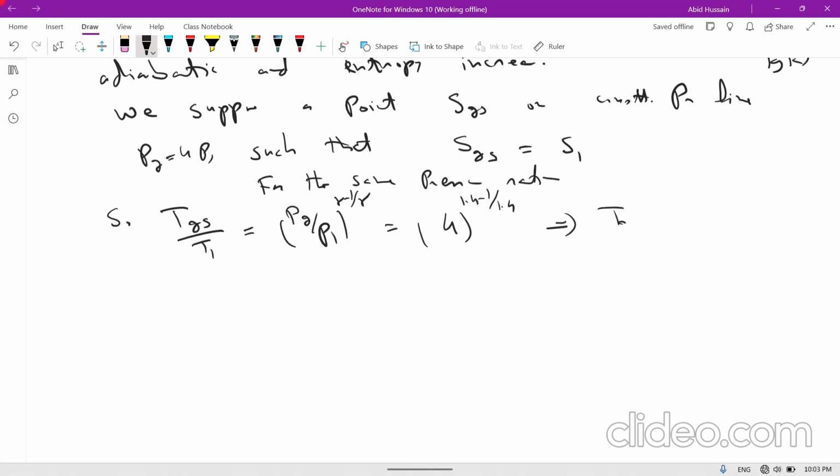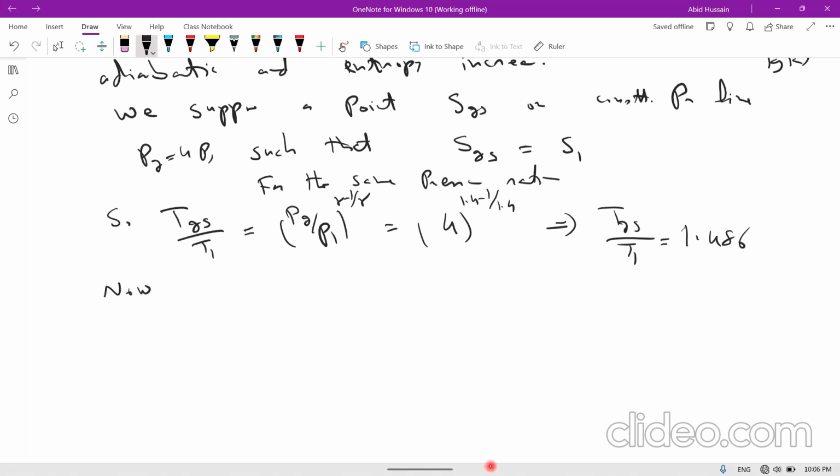This is a simple calculation: 1.4 minus 1 is 0.4, 0.4 divided by 1.4 is 0.2857, and 4 to the power 0.2857 is 1.486.